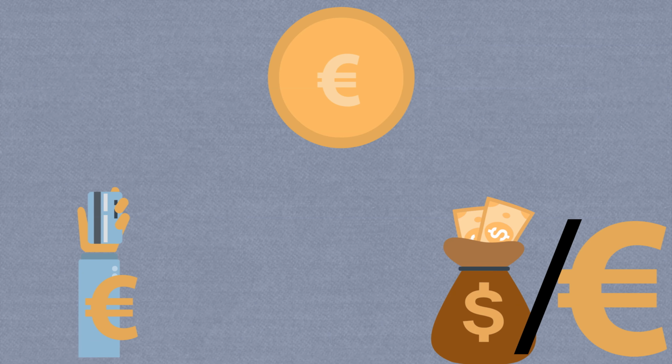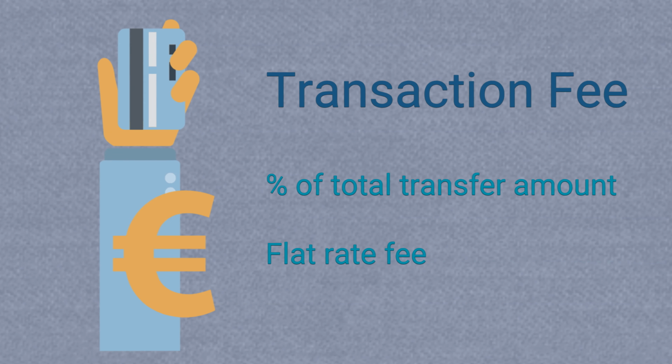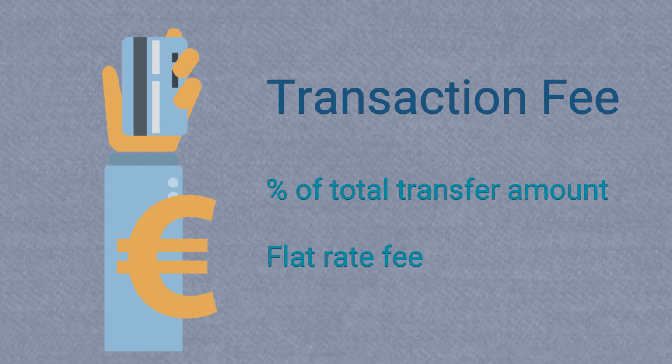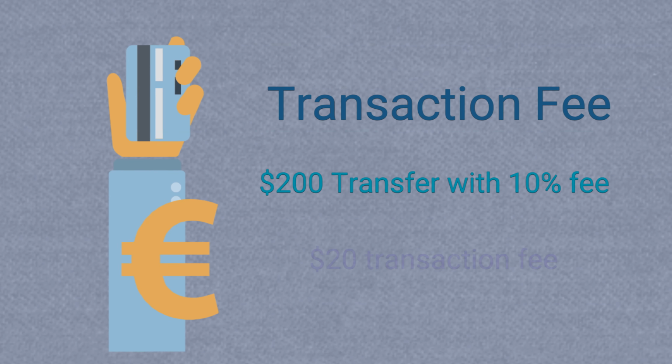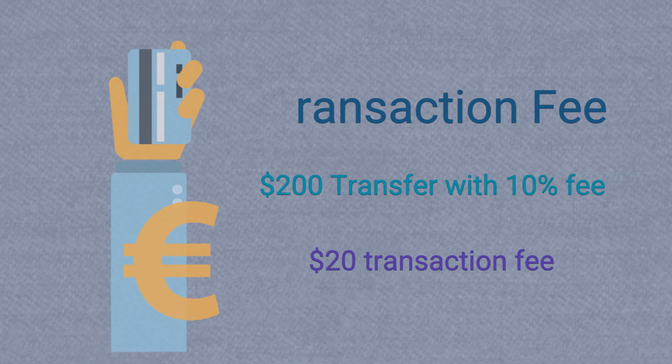The price to send remittances results from two main factors: transaction fees and the foreign exchange margin. Transaction fees are a percent of the total amount sent in a transaction or a fixed amount per transfer. Sending a $200 transfer with a 10% transaction fee would result in the transfer provider collecting $20 for itself.